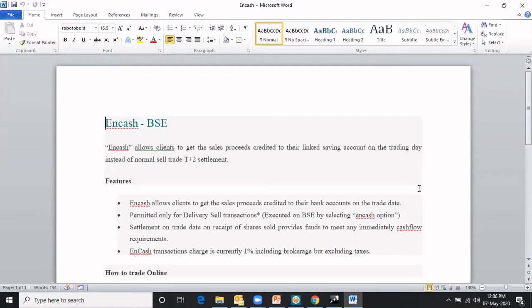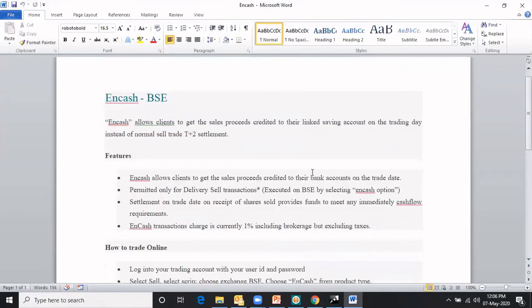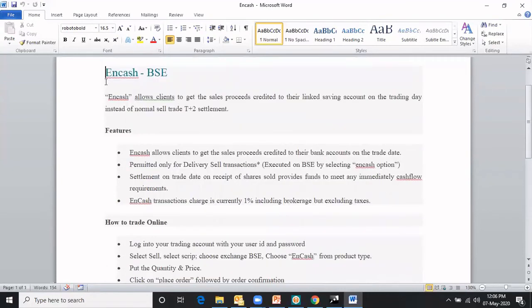But in case I want that money to get credited into my account on the same day night, in that case I can use Encash as a product, and it is only available on BSE. Okay.